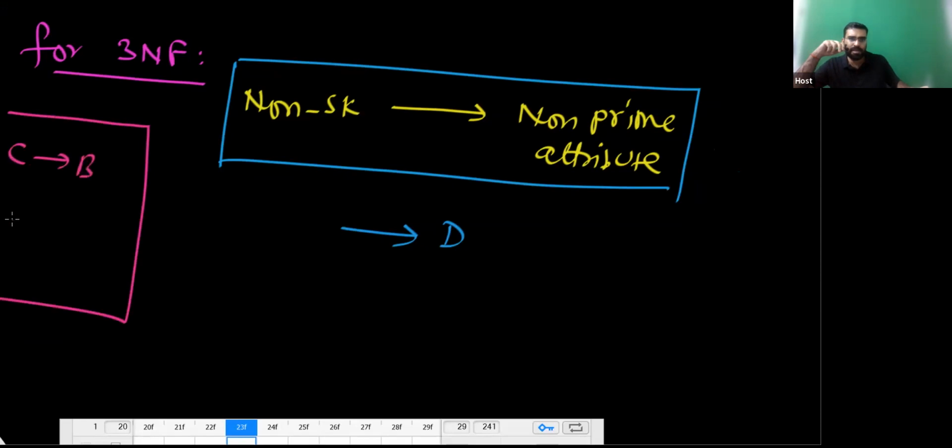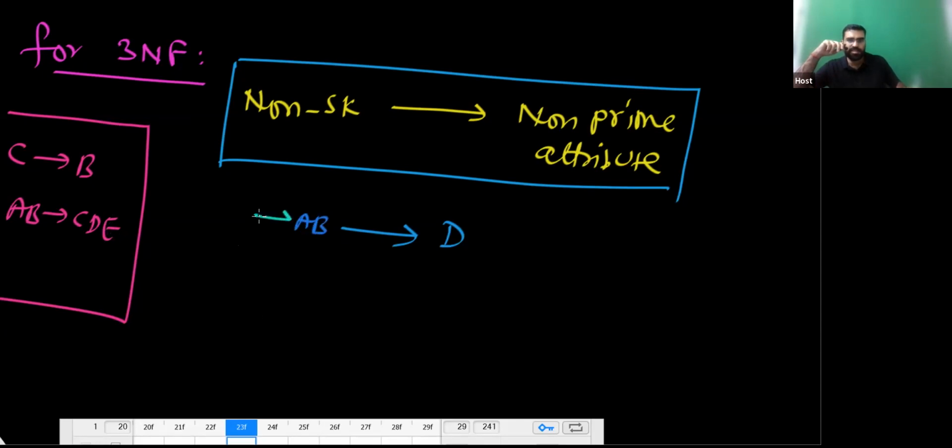C is determining B, and AB is determining CDE. Okay, so look at this and tell me, if you want to determine D, you definitely need AB, right? Agree or not? You definitely need AB.